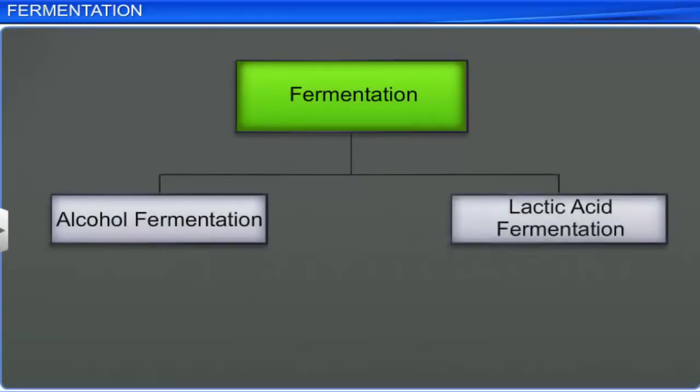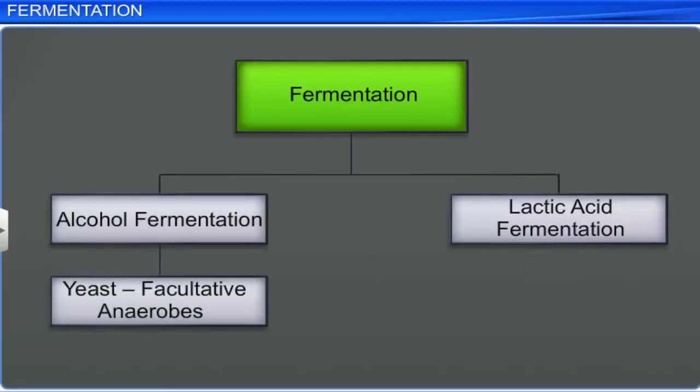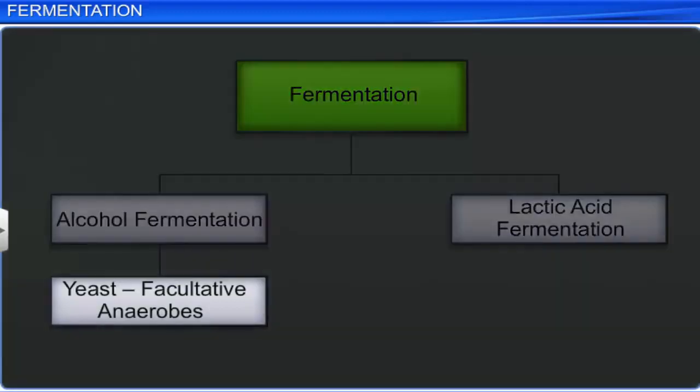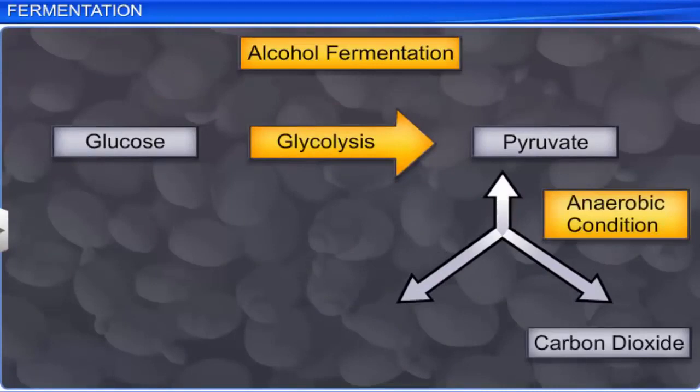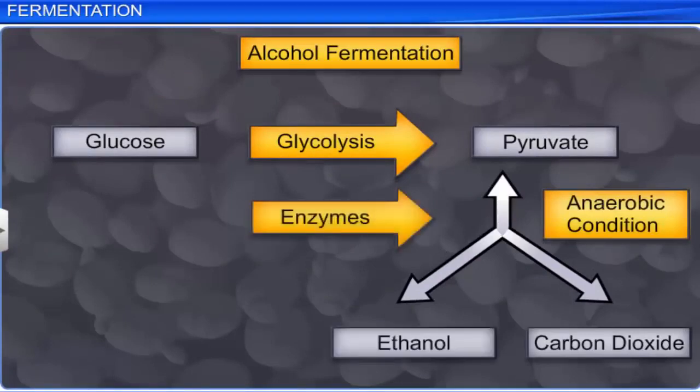The fermentation of alcohol takes place in yeast, which are facultative anaerobes. In them, pyruvic acid is reduced to carbon dioxide and ethanol with the help of enzymes.